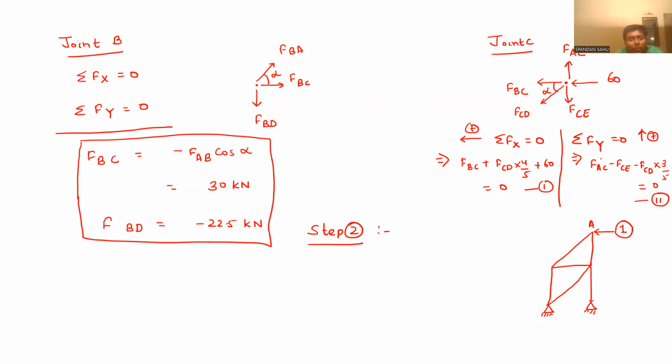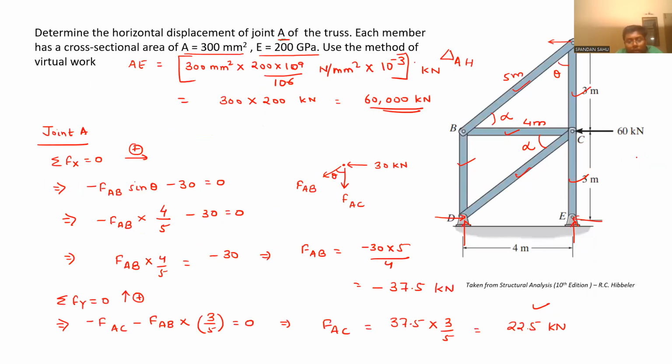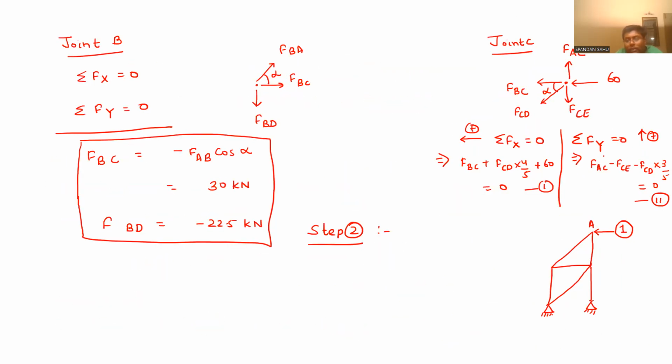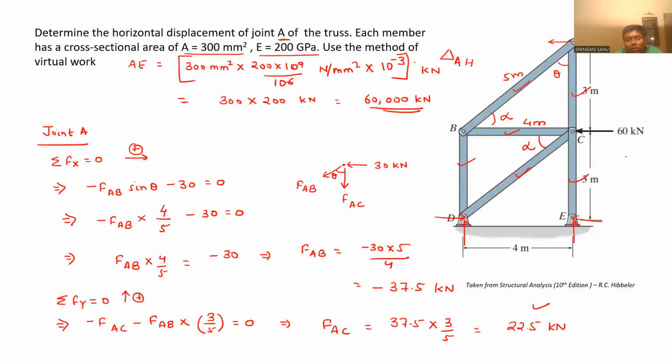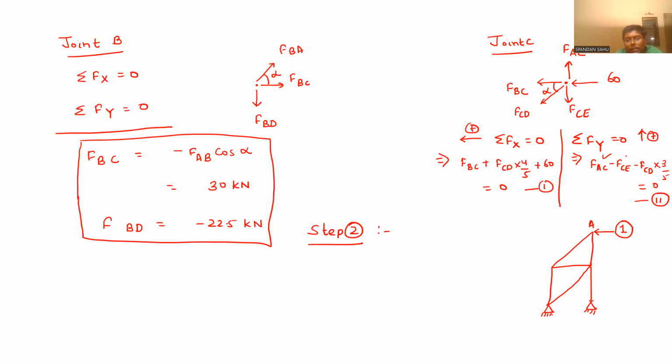We already have the values for FAC, and from this we have the value for FBC. So from here we can directly calculate the FCD value. Once the FCD value is done, we can substitute it here to get the FCE value.